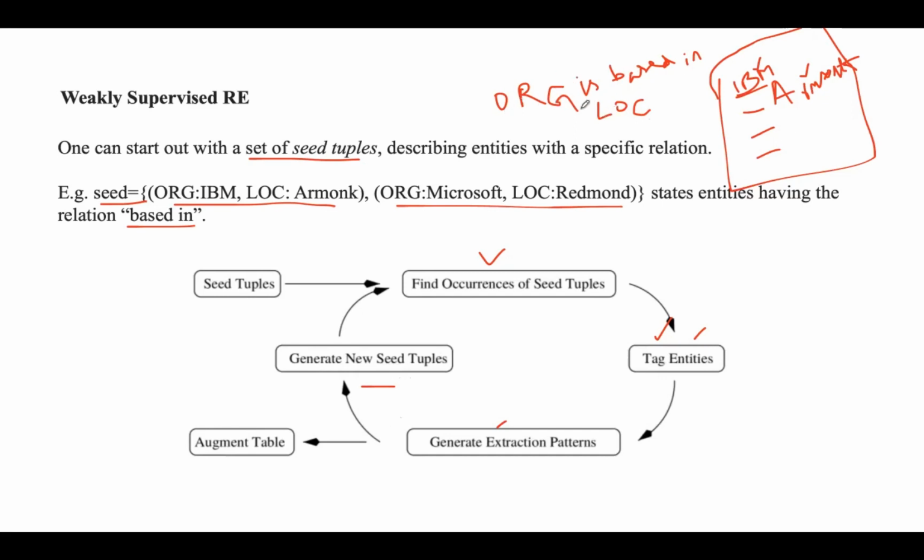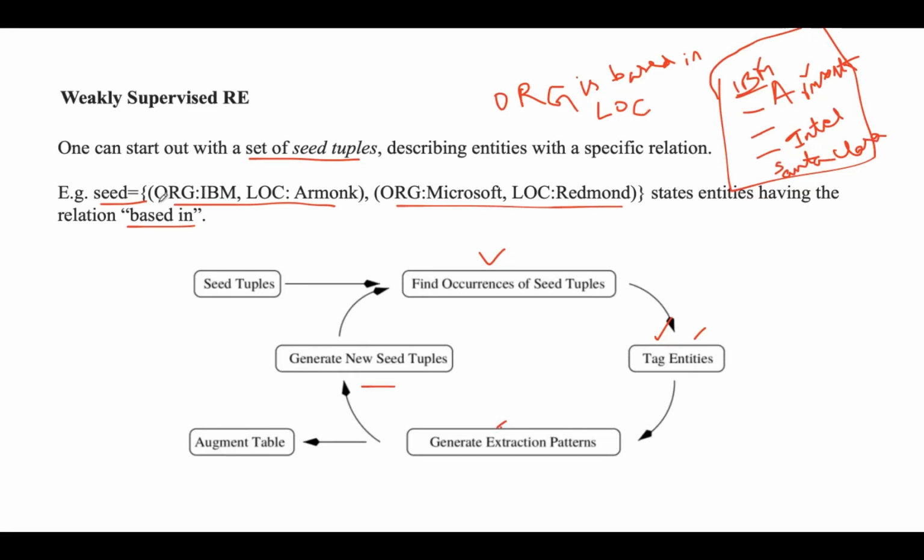with the pattern which we extracted before. Say we have words like Intel and Santa Clara. New words. Intel and Santa Clara. So if we find anything like that, then you can generate a new seed tuple.